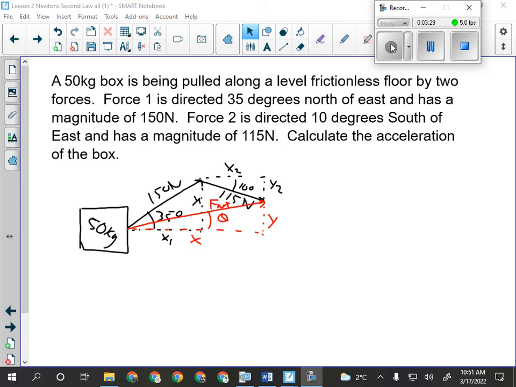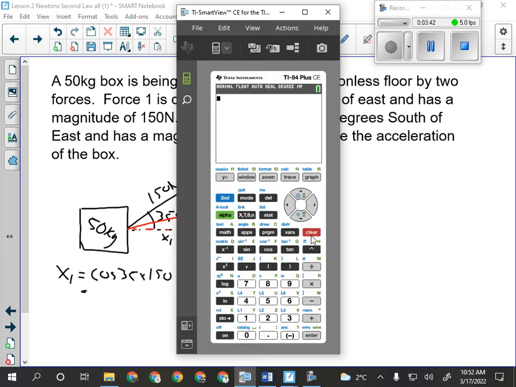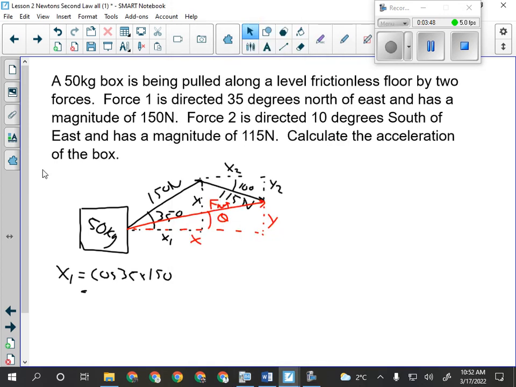So obviously I've got to do all the vector component stuff. I've got to find x1. That'll be the cos of 35 times 150. So 122.87 newtons, and it'll be east.